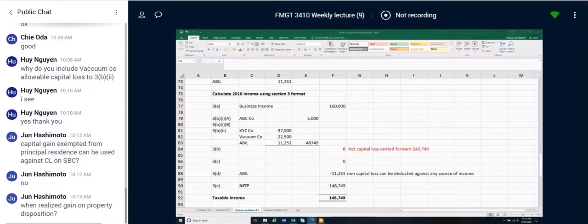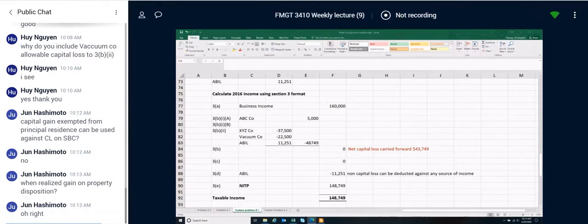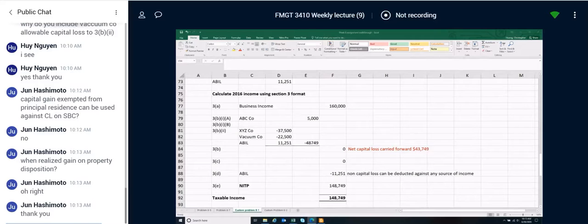Okay, so you have a gain, and the purpose of the principal residence exemption is to exempt a gain. ABLE is when you have a loss on the SBC. Why would you want to exempt a loss? Yeah, you don't want to exempt. They're totally two unrelated rules.